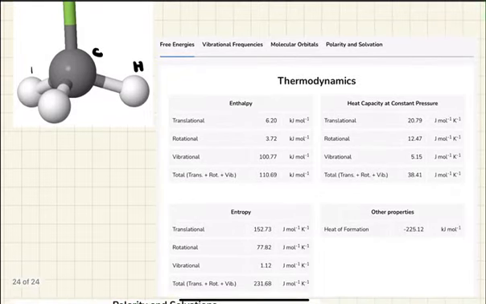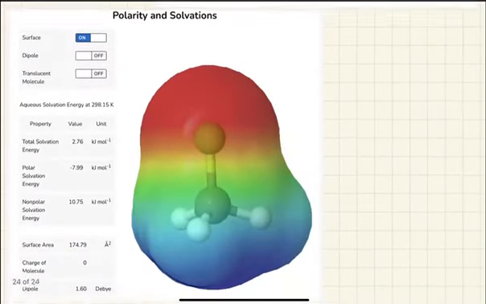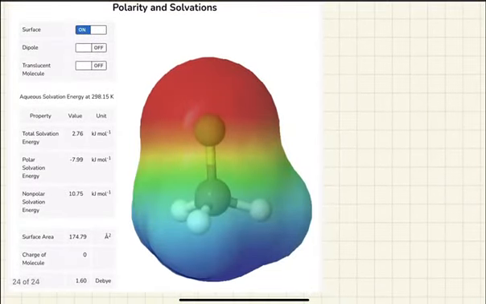There's multiple different tabs at the top of the page, and the other tab that's going to be very interesting for us is the polarity tab. So when you click on that, it will pull up the structure with an electron density map put over it. And so this electron density map shows where the positive and negative regions of the molecule are based on the electron distribution from electronegativity calculations and the shape.